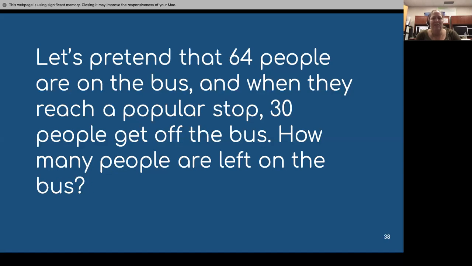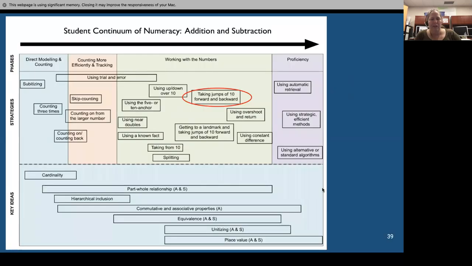And so it's very likely that they will just jump back either 54, 44, 34, or just one big jump of 30 to get to 34 on this problem. And I think a lot of our students can likely do that mentally. So they would probably do something that would look like that.